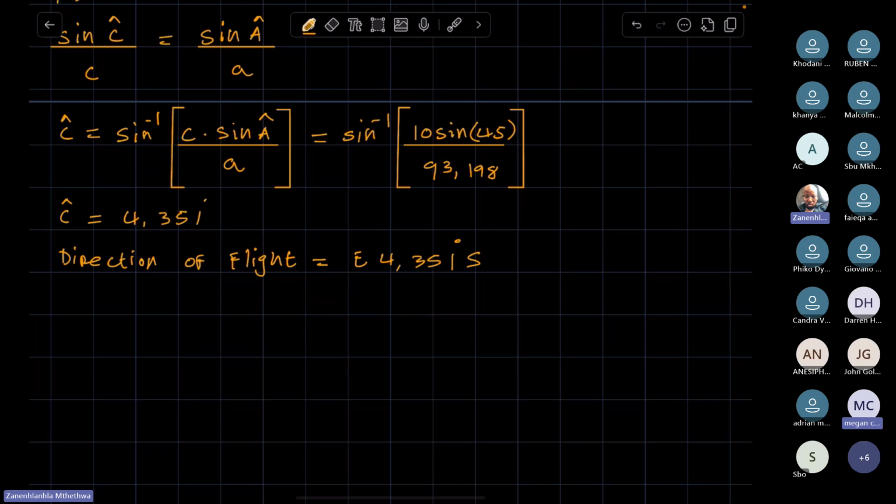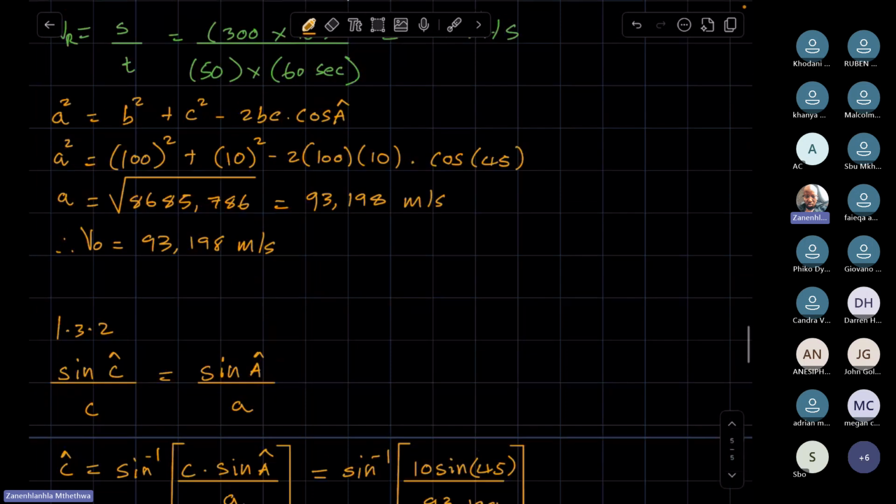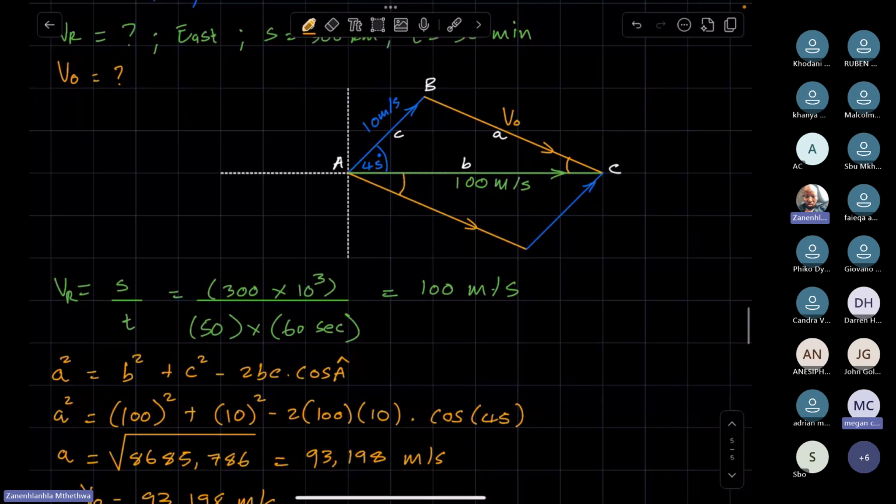Sir, could you please show it if we were to use the component method? Components, yeah.